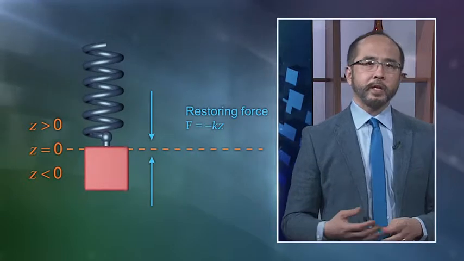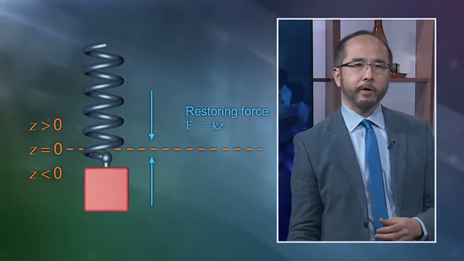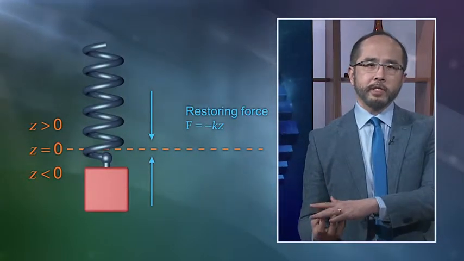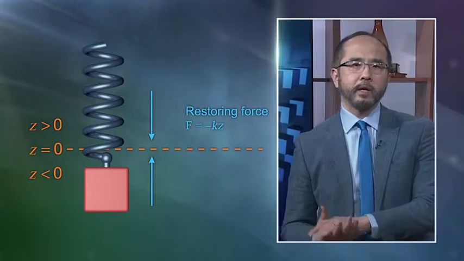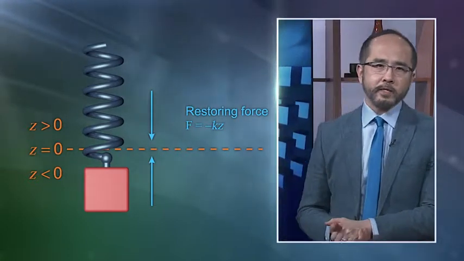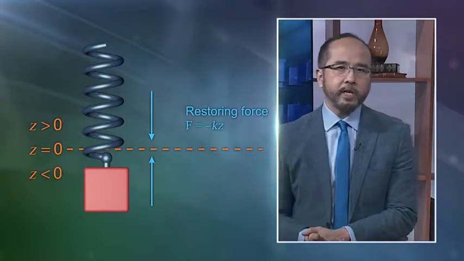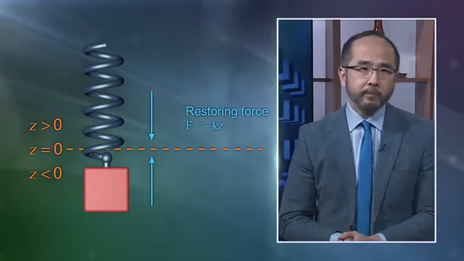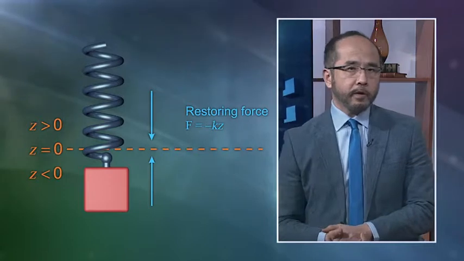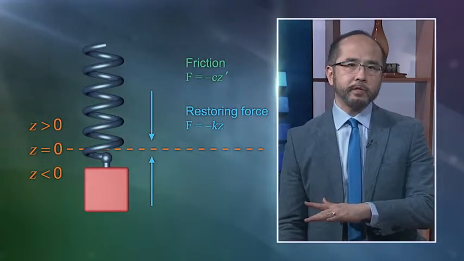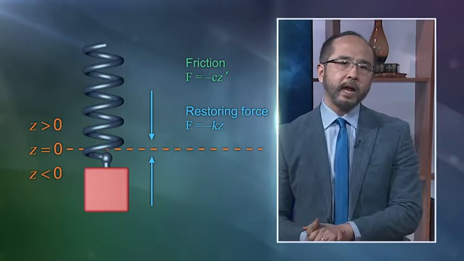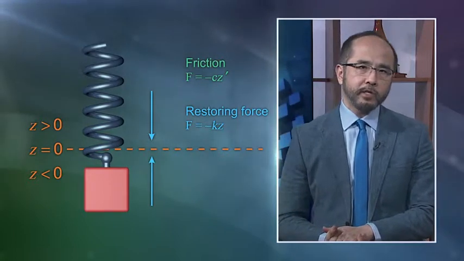There, the spring exerts a so-called restoring force that is proportional to the displacement and pulls opposite the direction of the displacement. So the restoring force is minus k times z for some positive constant k. Also, there is a frictional force that is proportional to the velocity and opposite in the direction of velocity.